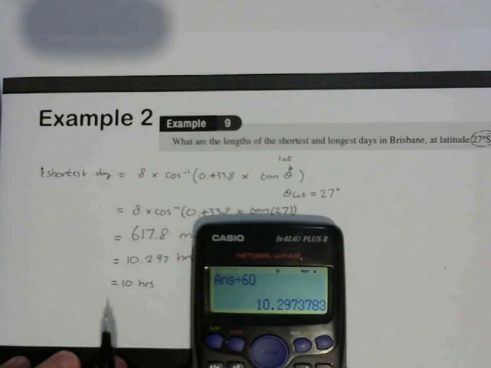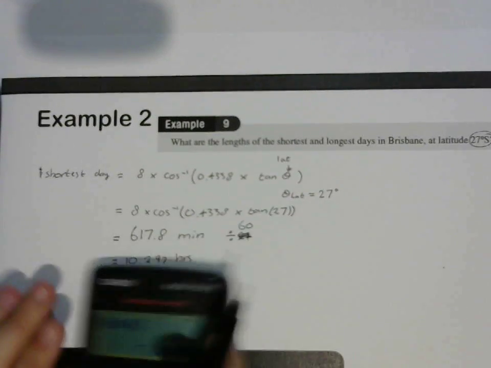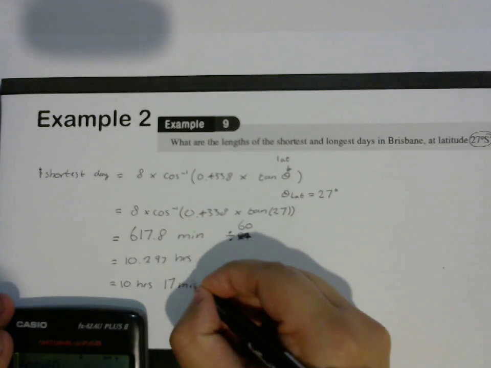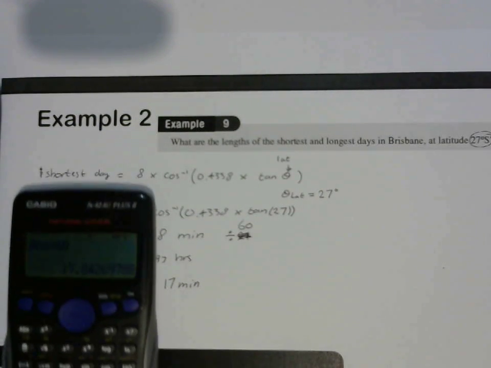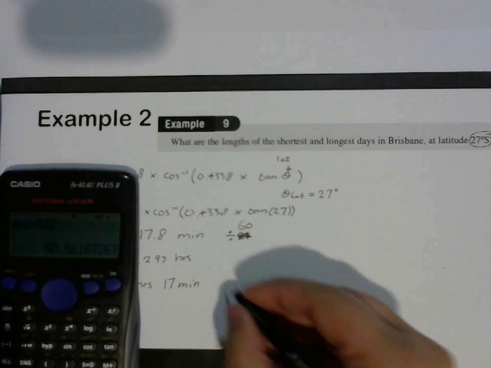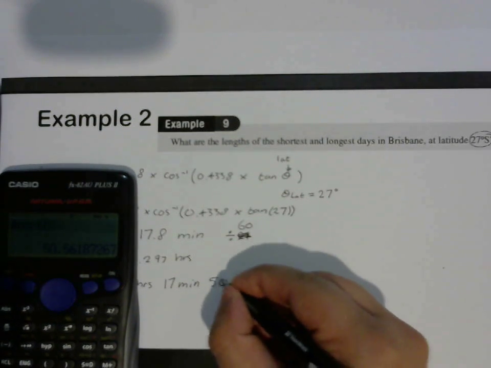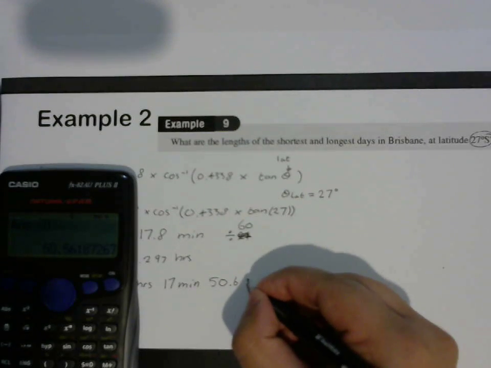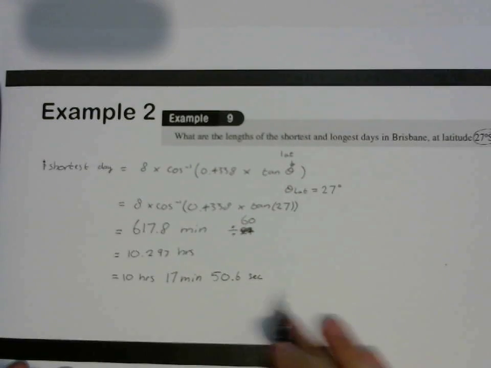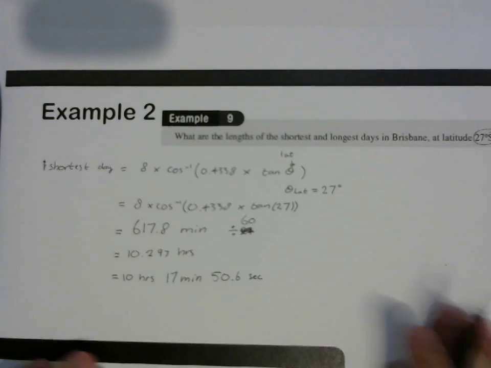So I'm going to have this minus 10, and multiply that back by the 60 to get minutes. So that's 17 minutes. And I can do the same, I could take away the whole number, so minus 17 times 60 seconds in a minute. So I have 50.6 seconds. So that's how long my shortest day is.